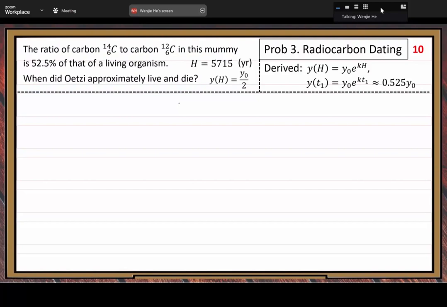Y of T1 equals 0.525 Y0, which also follows this expression.